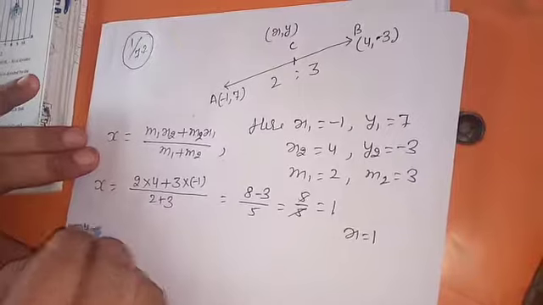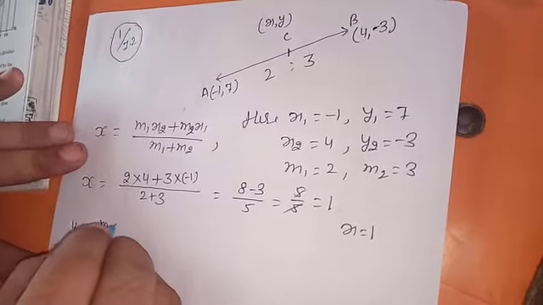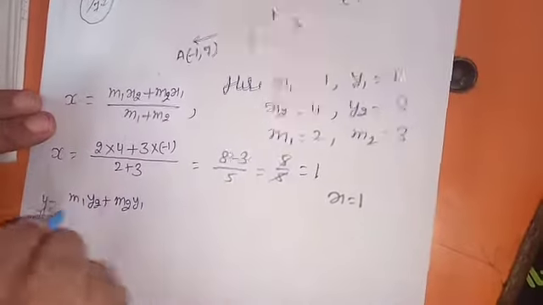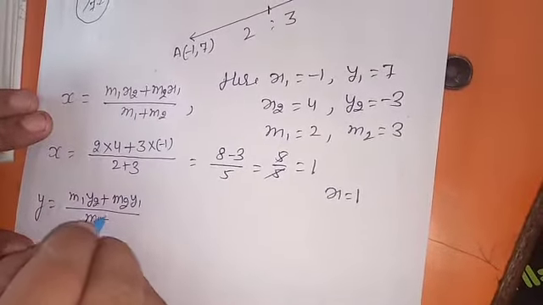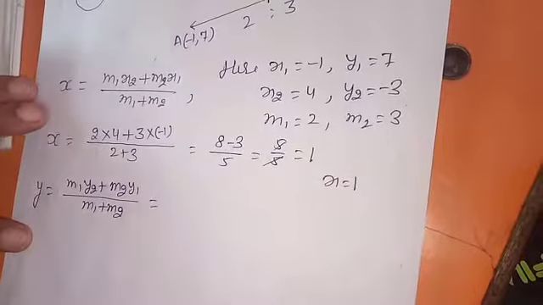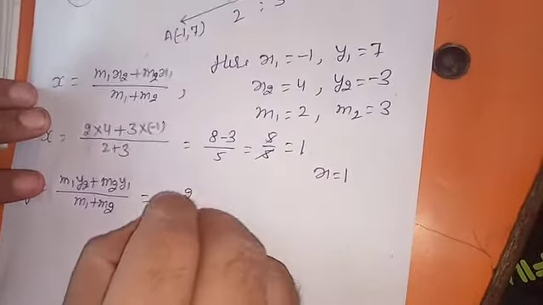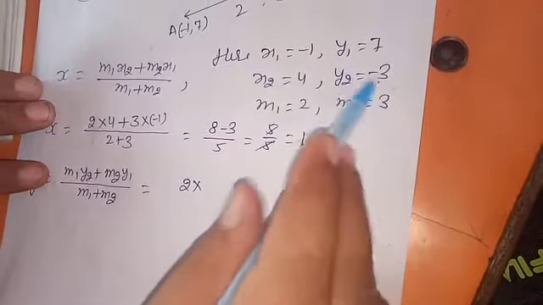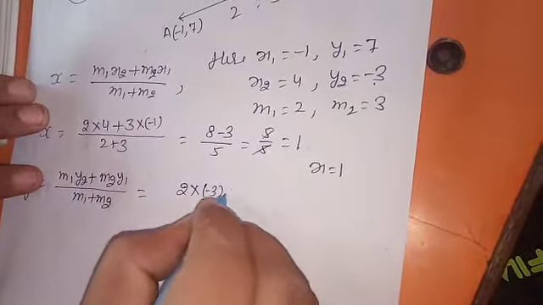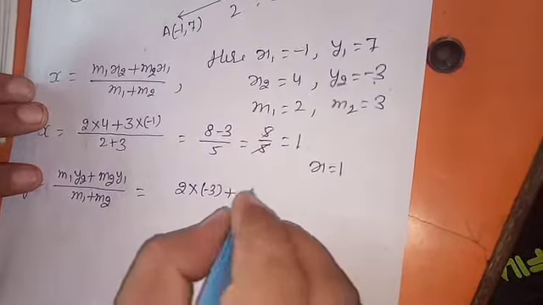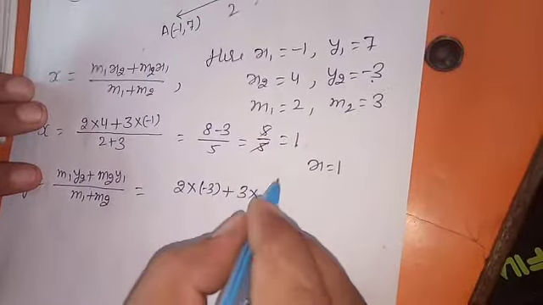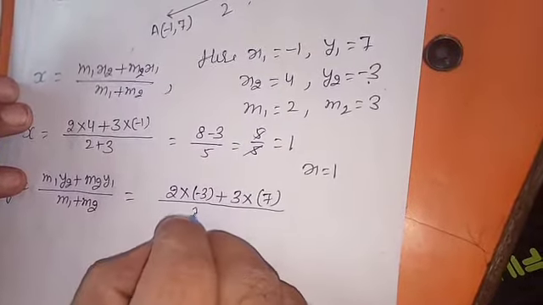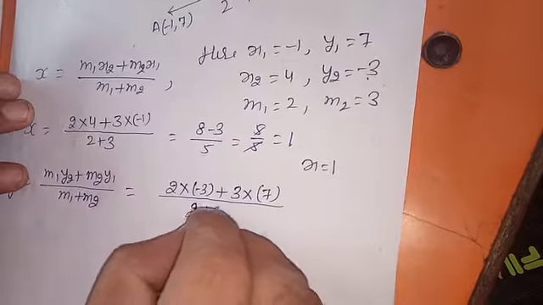Similarly, y is equal to (m1 y2 plus m2 y1) divided by (m1 plus m2). m1 is 2, y2 is minus 3, plus m2 which is 3 into y1 which is 7, divided by 2 plus 3.